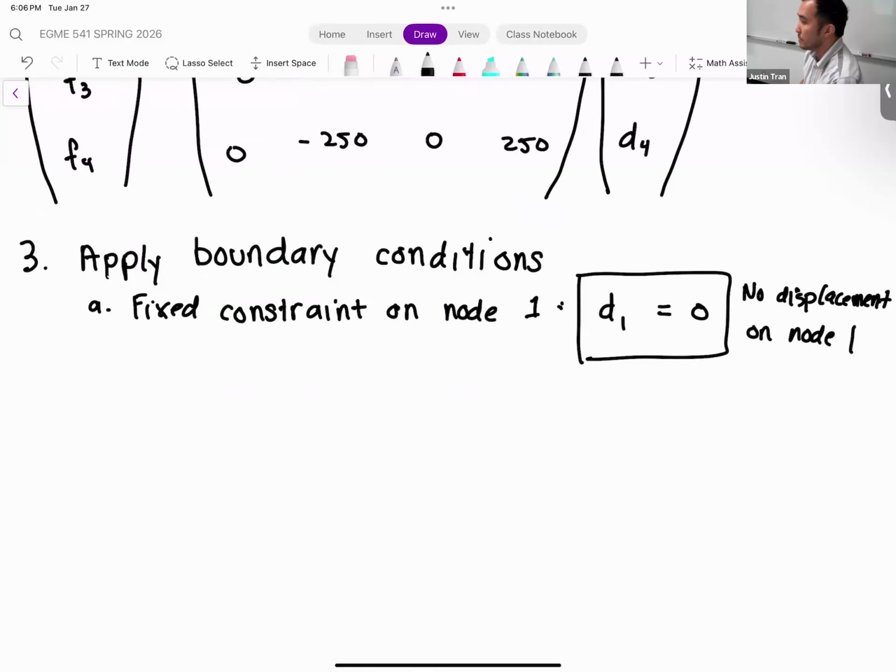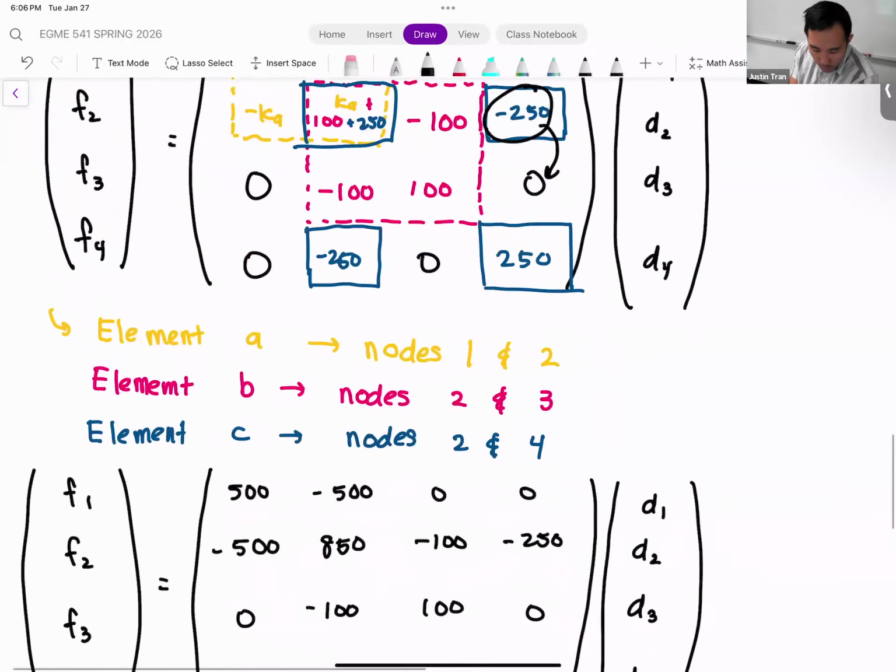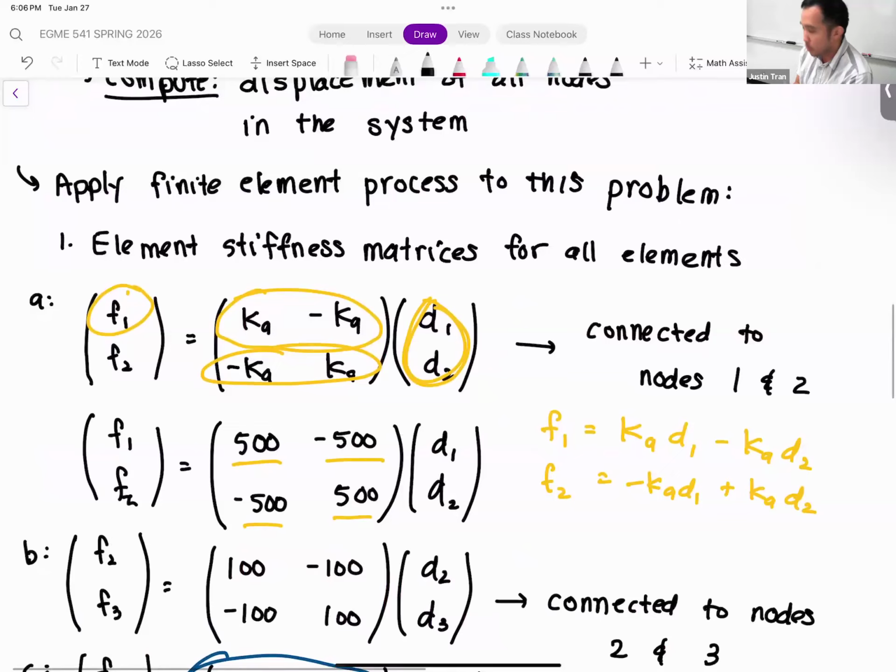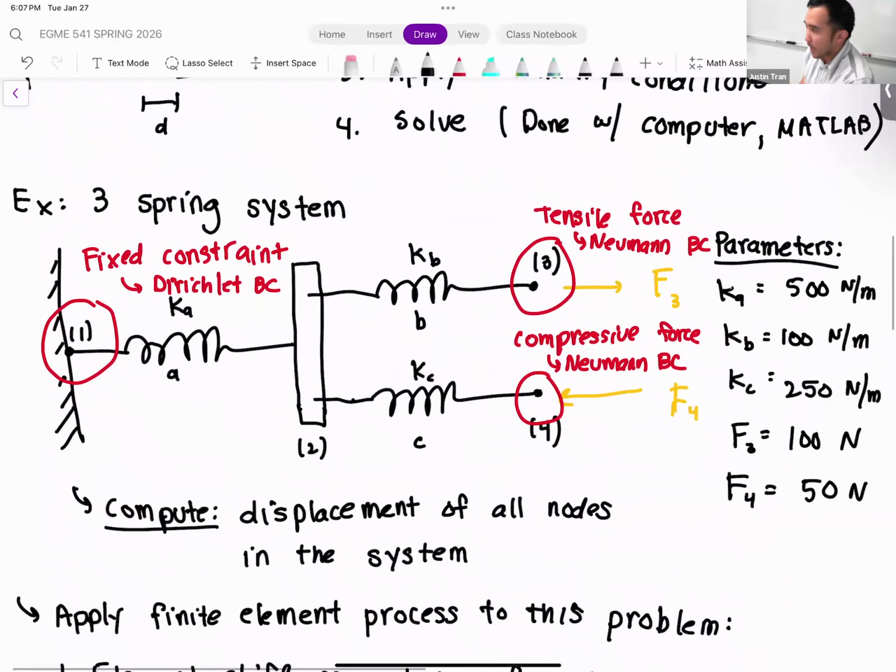Why haven't we applied a boundary condition on node 2? Node 2 has no external force or external effect being applied to it. Remember, a boundary condition is basically any kind of external effect that's being applied to your system. Node 1 has an external effect because it's attached to an exterior wall, and nodes 3 and 4 have external forces being applied.